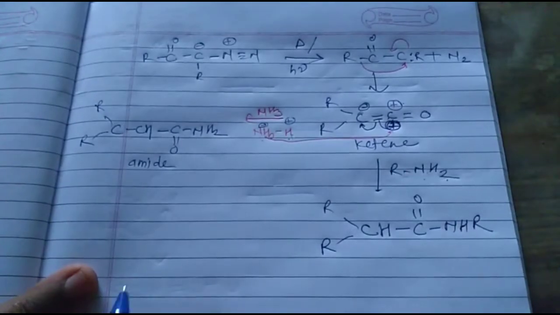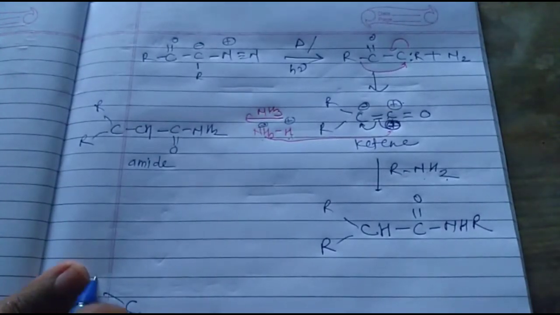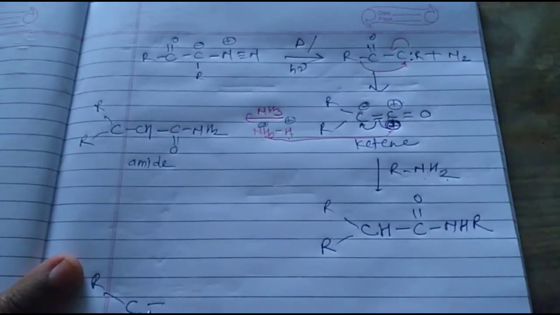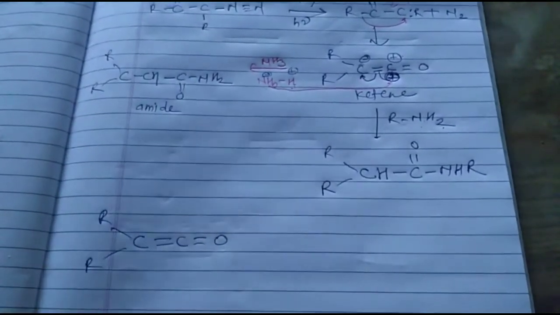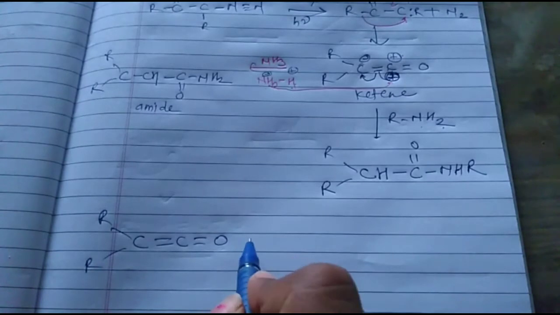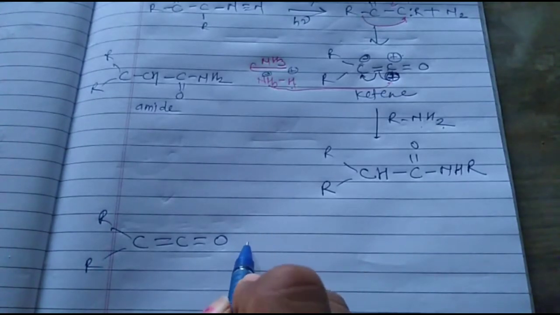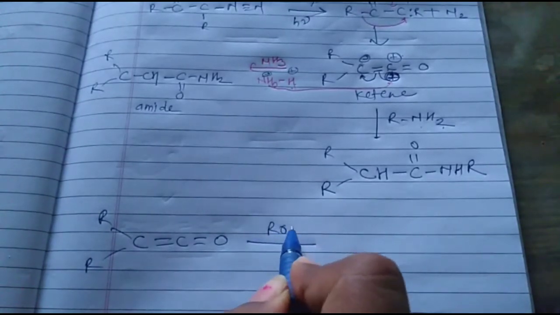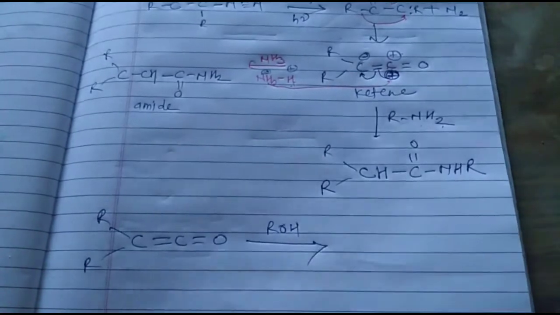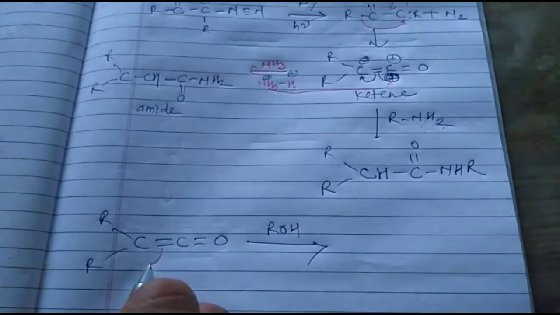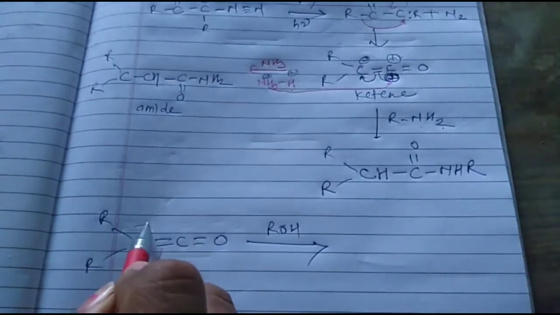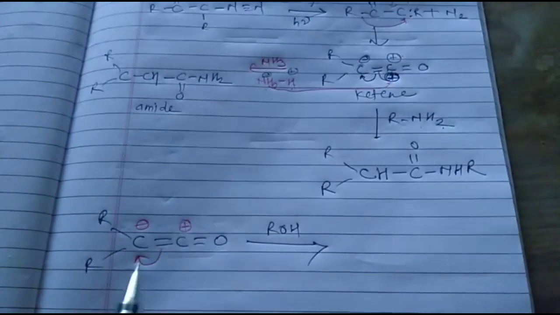Next, this ketene, R R C double bond C double bond O, is reacted with ROH. Then this double bond is shifted to here, this carbon becomes negative charge and this carbon becomes positive charge.